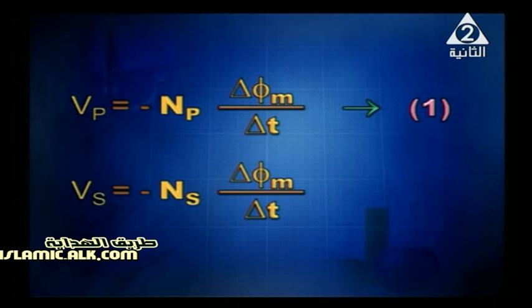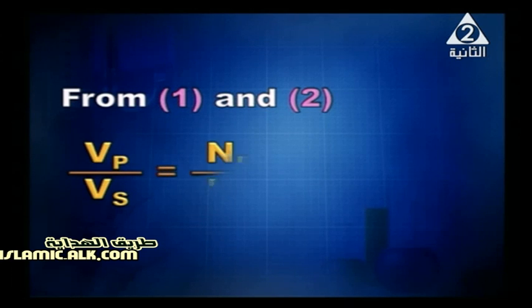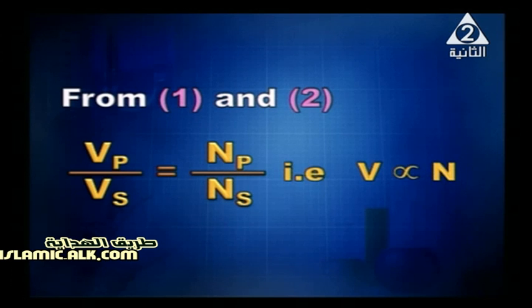Also, the EMF induced in the secondary coil, denoted by Vs, is equal to the number of turns on the secondary, Ns, times the same rate of change. We assumed it is 100% efficient. By division, from 1 and 2, we can say Vp over Vs is equal to Np over Ns.